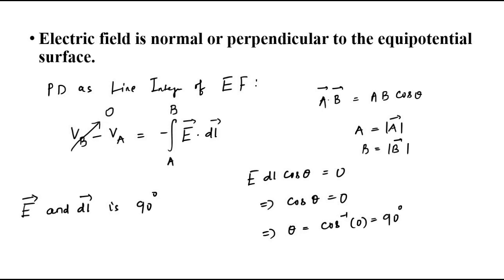Then we have this property: equipotential surfaces give us information about the strength of the electric field.